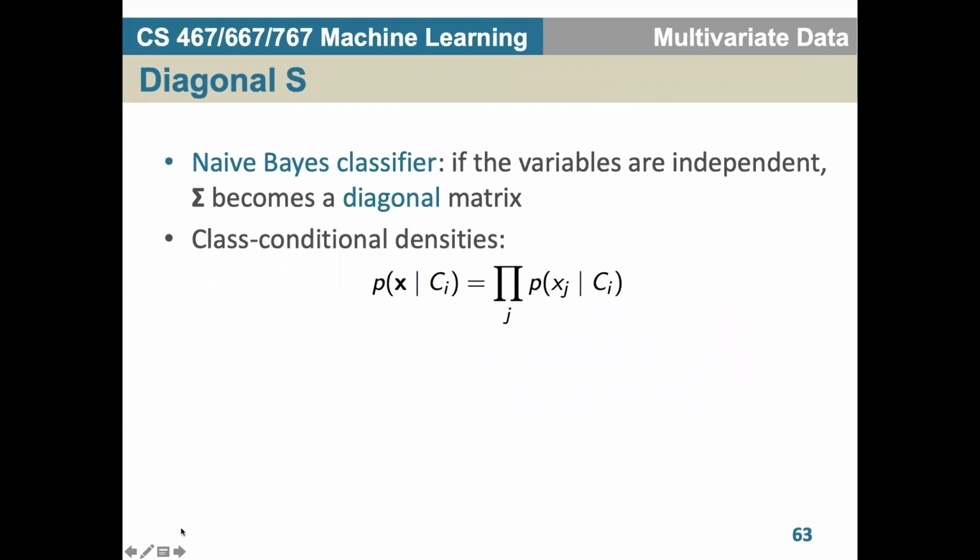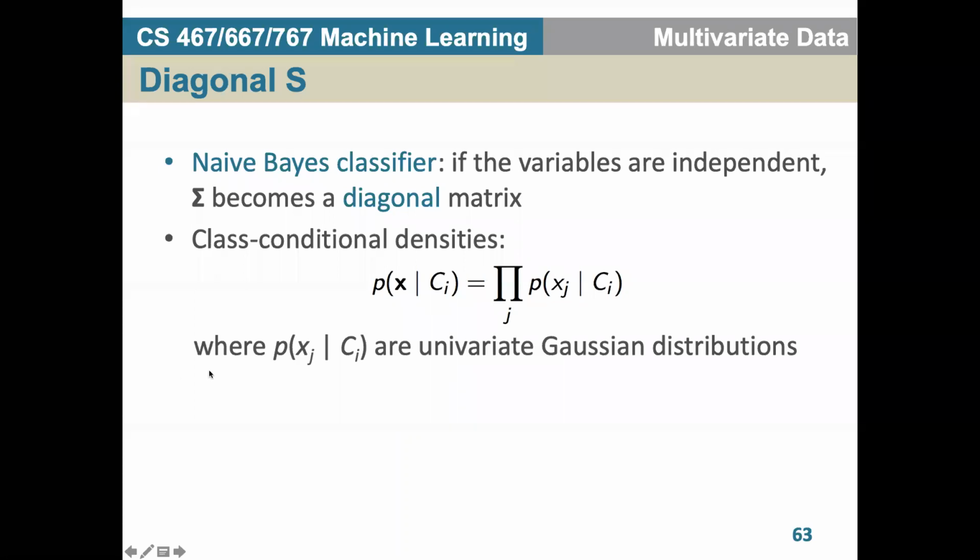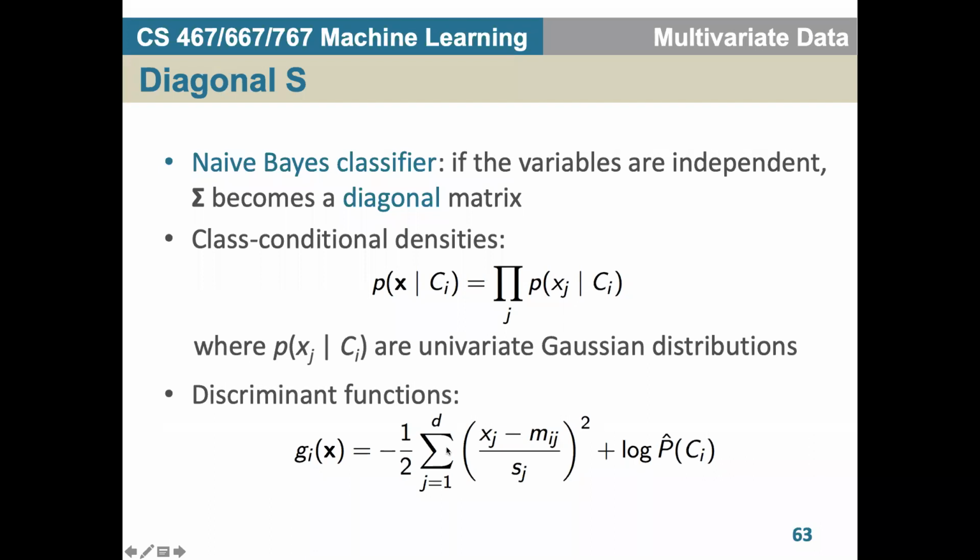And if that is the case, each one is a univariate Gaussian distribution. So it's something like this. Remember, if you think about the one dimension case, we don't have this.